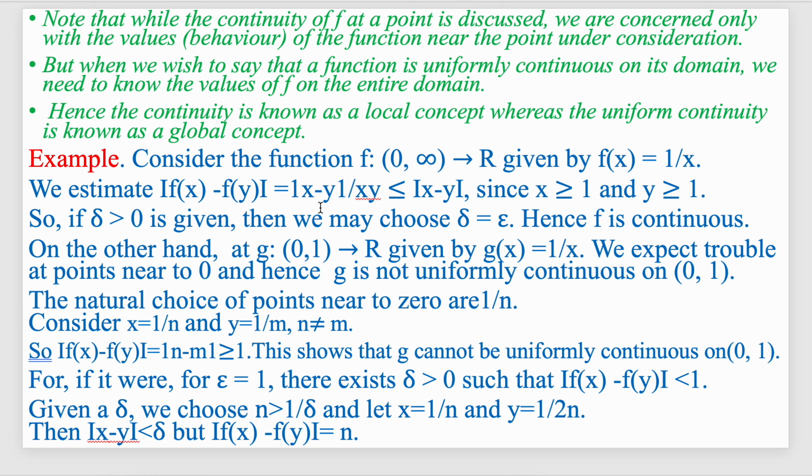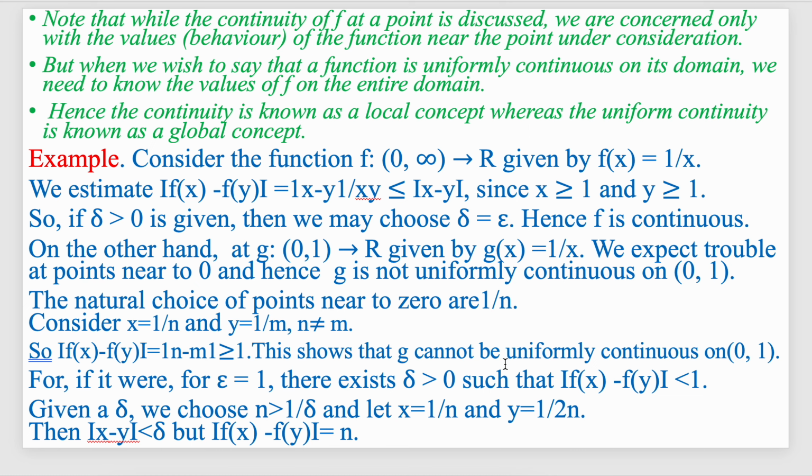Hence g is not uniformly continuous on 0 to 1. The natural choice of points near to 0 are 1 upon n. If we consider x equal to 1 upon n and y equal to 1 upon m, where n is not equal to m, then modulus of f(x) minus f(y) is equal to modulus of n minus m, which is greater than or equal to 1.